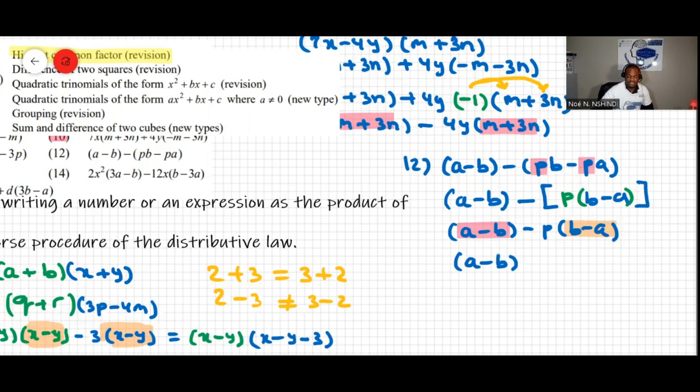I'll change this negative sign to a positive sign, and then it's going to be P, open bracket. Then over here, I will switch the sides of the variable, A minus B. I switch the sides, and then I change the sign here. Now that they are common, this is the same as that.